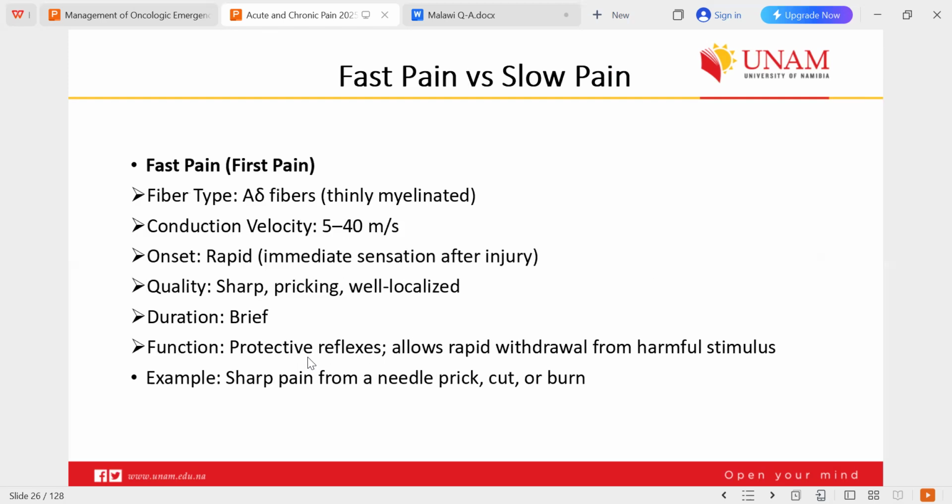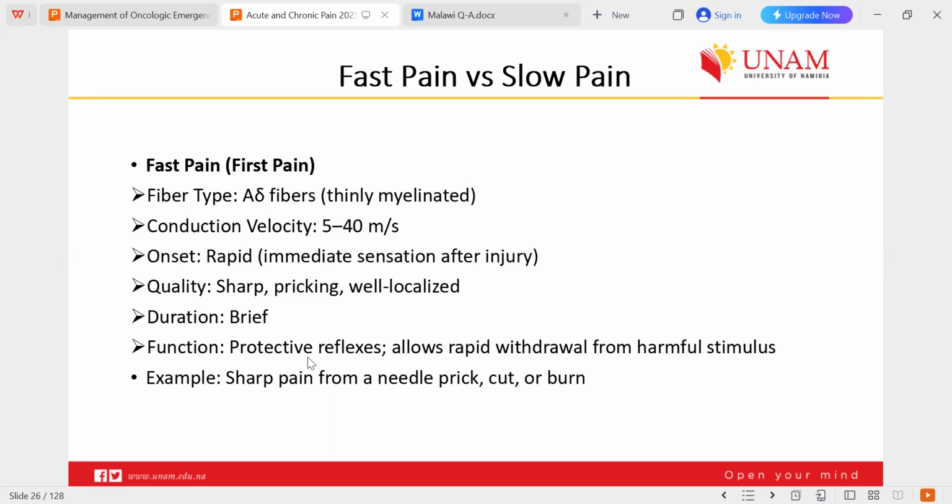Okay, so we have two types of pain we mentioned before that are mediated or transmitted by different types of fibers. The fast pain, also known as the first pain. This is the pain a patient feels upon injury, and it's mediated or transmitted by the A-delta fibers.